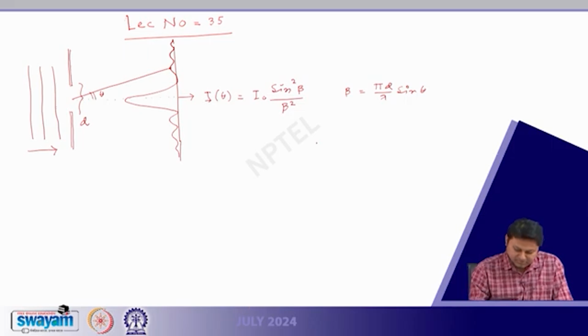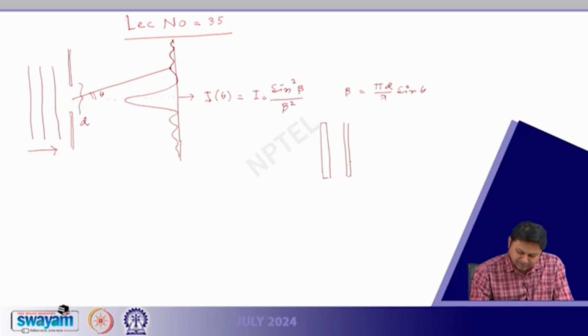Practically, the fringes will look like this kind of lines. I have a central fringe like this, then another fringe here, another fringe here, and so on.